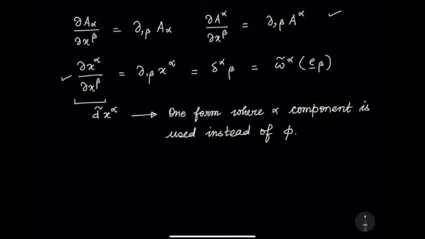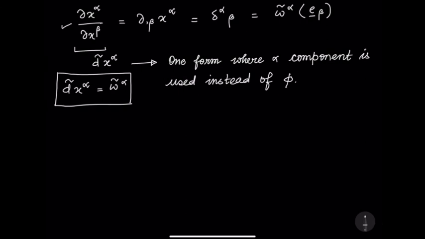And what is this one form? This one form is a special one form. This is essentially the one form omega alpha. So this is the basis one form. The basis one form, sometimes I can also write as d tilde x alpha.